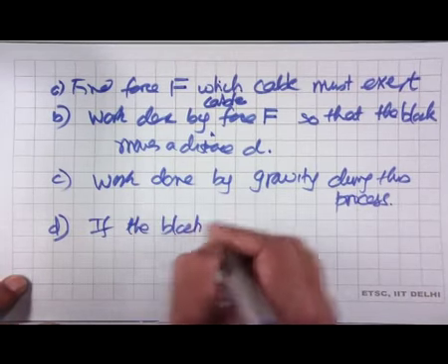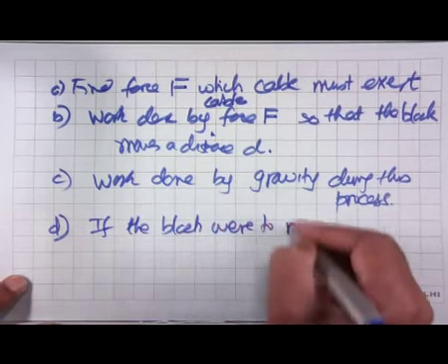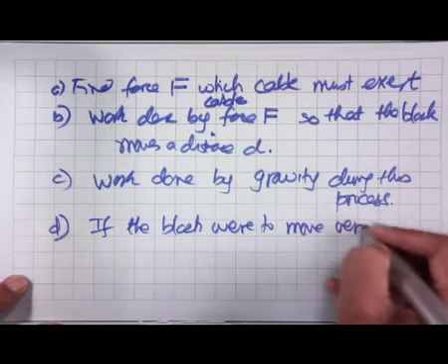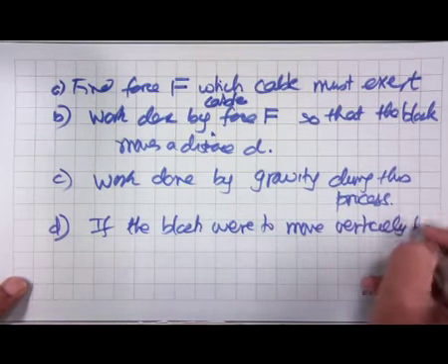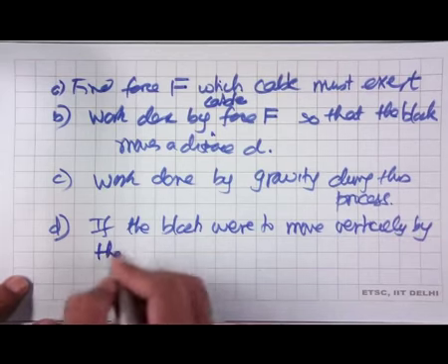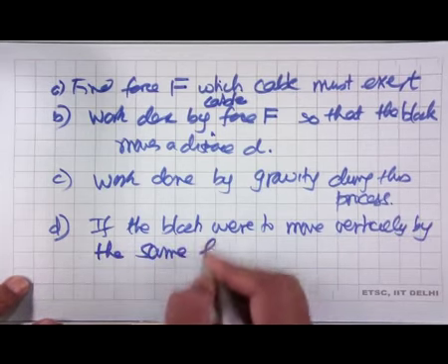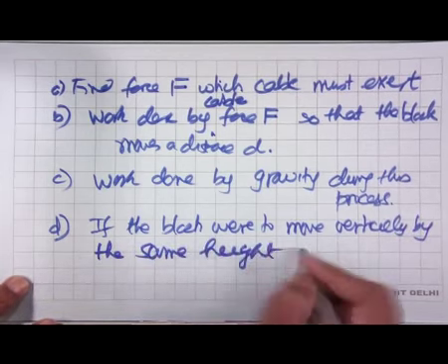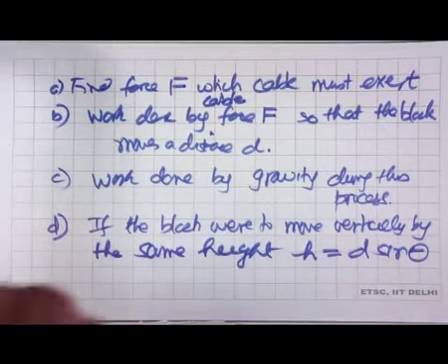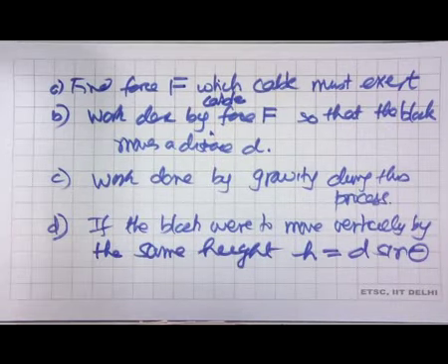And we finally pose the question: if the block were to move vertically by the same height h, which is equal to d sin theta. That means, if instead of going on a ramp, it was vertically lifted by the same height.